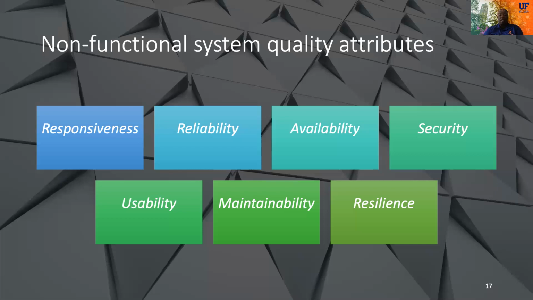Security, you definitely want to protect itself and the user's data. Usability, can the system users access the features they need quickly without errors? Maintainability, can the system be readily updated with new features without additional costs? And then you have resilience. Can the system continue to deliver user services in the event of a partial failure or external attack? So you have to consider these quality attributes when you're looking at your product to build your software architecture.